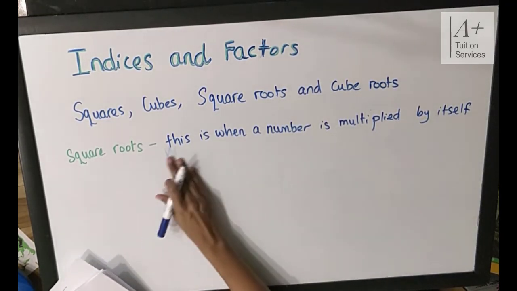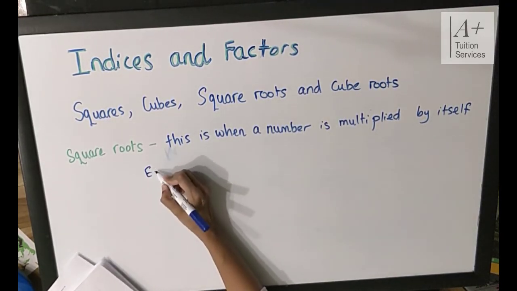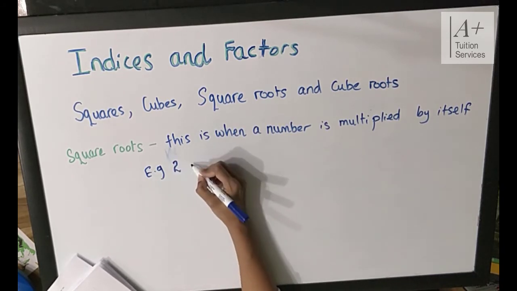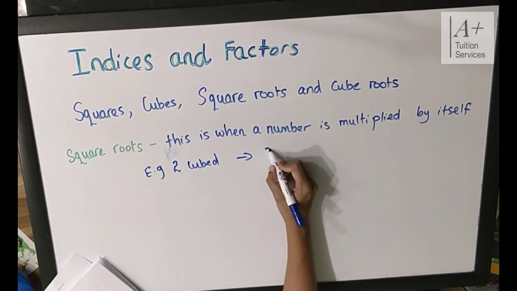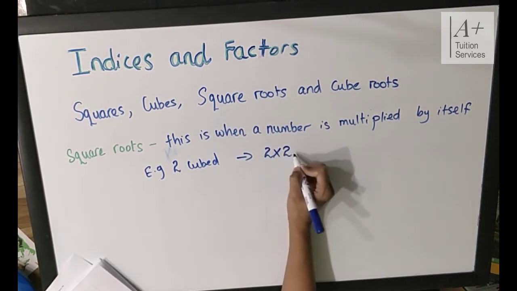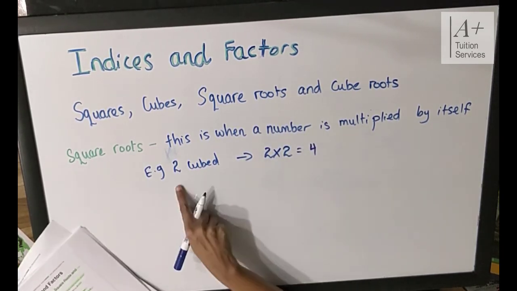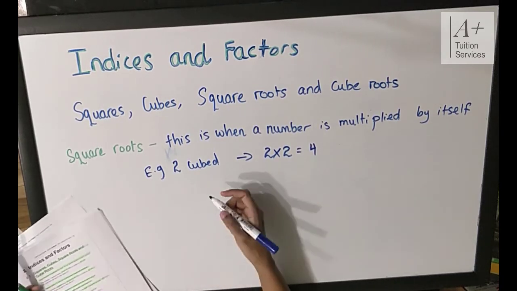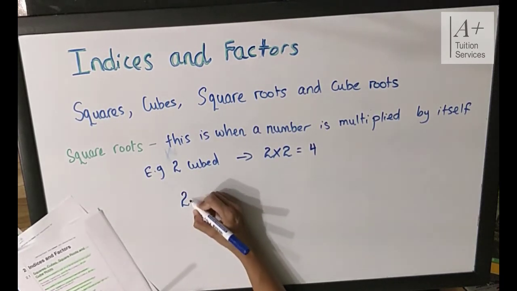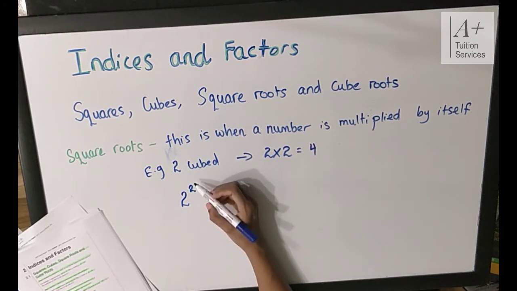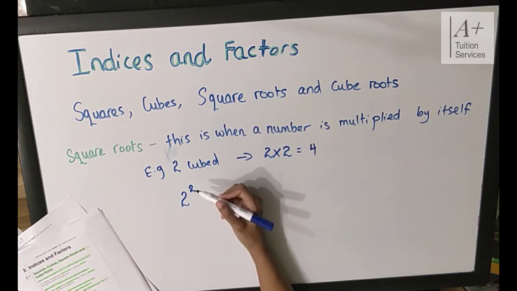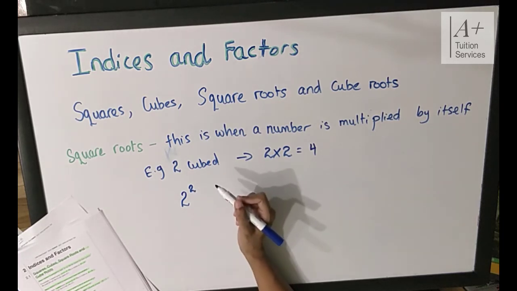So if I have the number 2 squared written out, it means 2 multiplied by 2, which is equal to 4. 2 squared can be written as 2 to the power of 2, and when we have powers it usually means that the number multiplies twice.